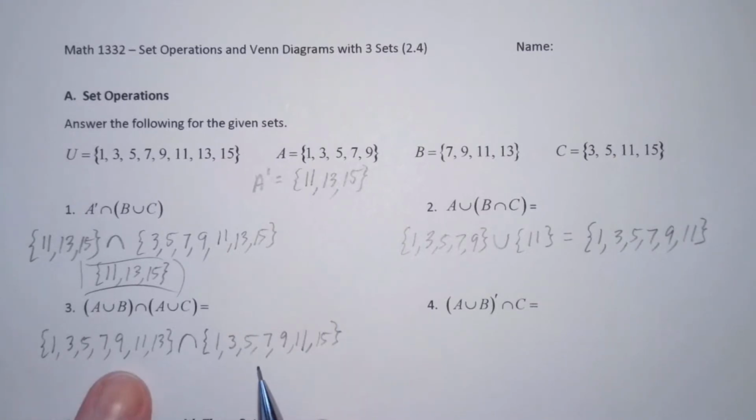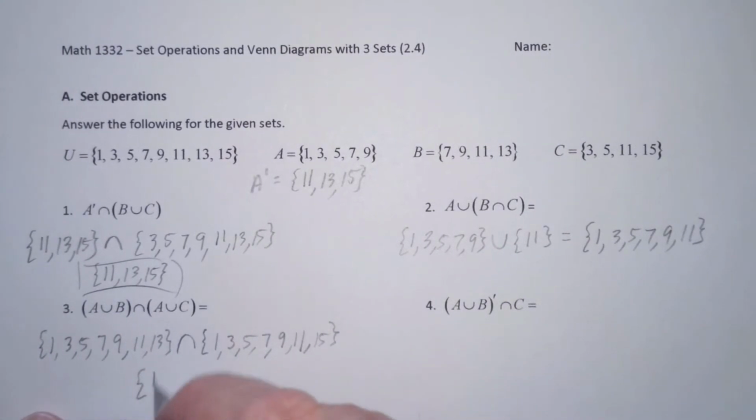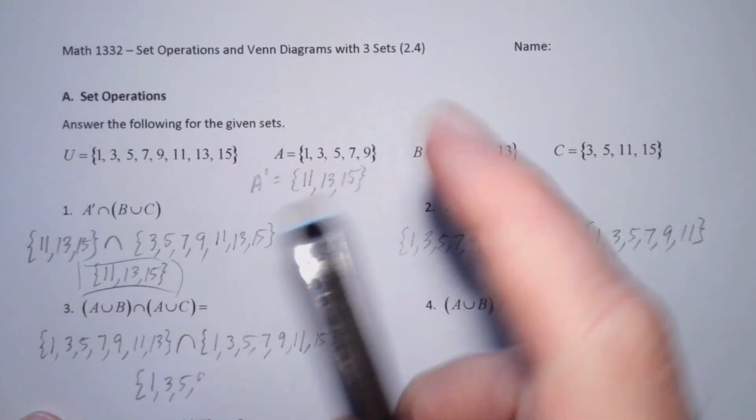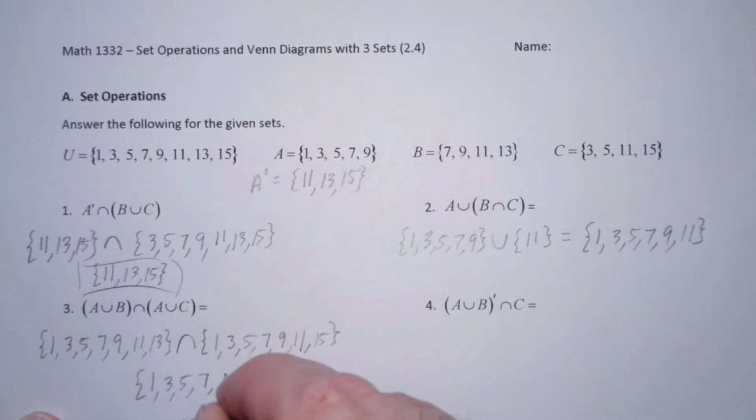So 1, 3, 5, 7, 9, 11. That looks like that's what we have in common, or those are the elements in both sets. Whoops, 5, 7, 9, 11. And that's going to be our final answer.